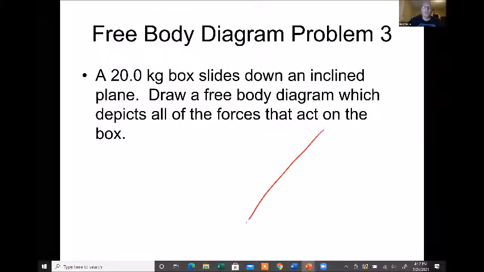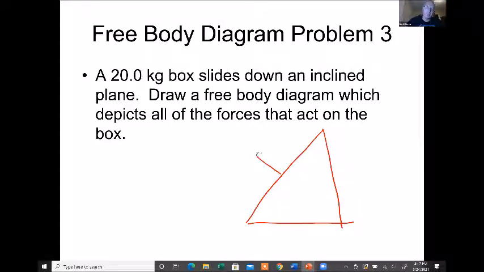All right, so let's draw an incline like so. Here's my box. First of all, I know that I have a force of gravity that always acts straight down.